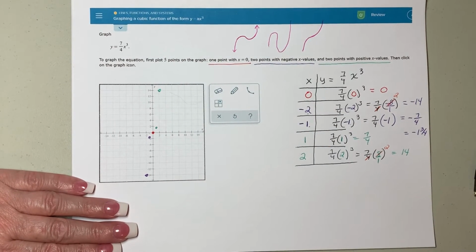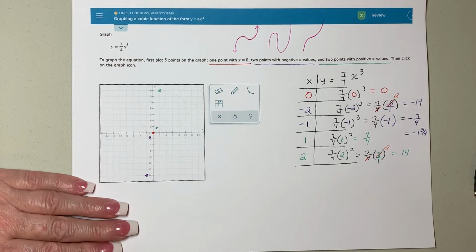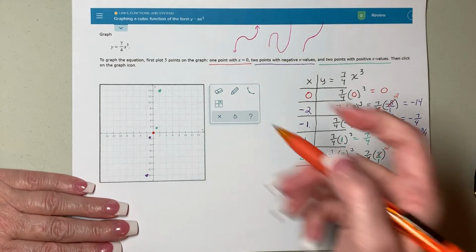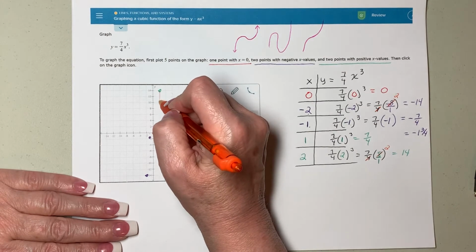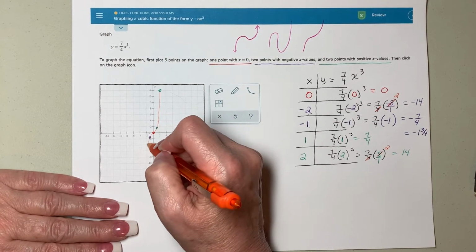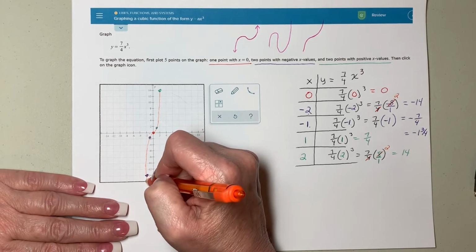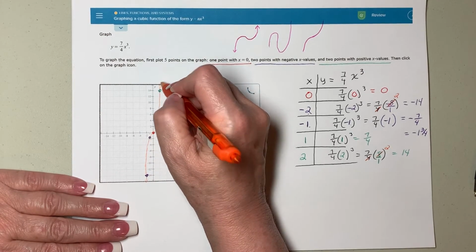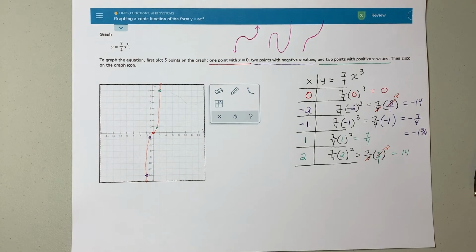And then you can see the graph, I'll use an orange pen to connect it here. It's gonna come down, it's gonna curve like this and curve like that. And that's my graph.